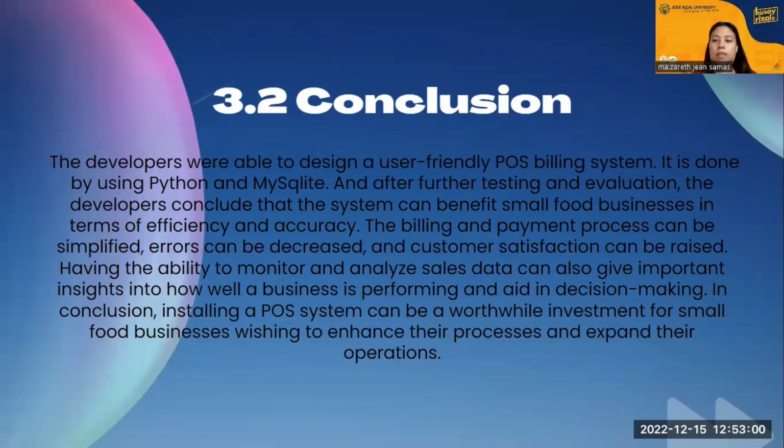Customers can be more satisfied if the billing and payment process is made simpler with fewer errors, and knowing how well a business is doing and being able to monitor and analyze sales data can both be very helpful in making decisions. In conclusion, small food businesses that want to improve their workflow and grow their operations may find that investing in a point of sale system is worthwhile.